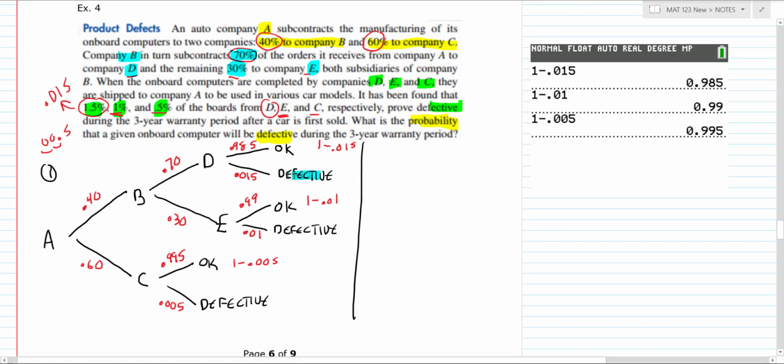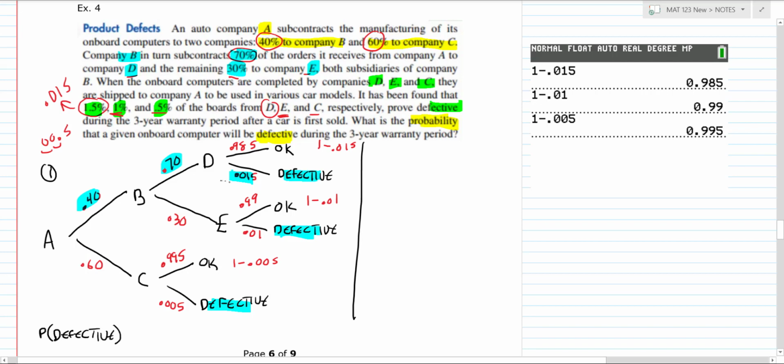So you're going through these branches. The way to get here is to go through D and through B. That's your first probability.